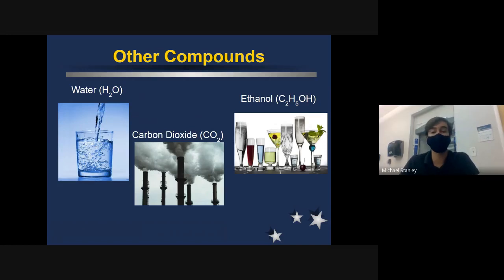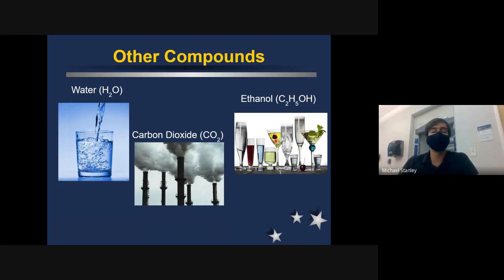Another famous one that is a big deal for most people is ethanol, which is two carbons, five hydrogens, and then an oxygen hydrogen group on the end. And ethanol is the alcohol that you drink in your alcoholic beverages.